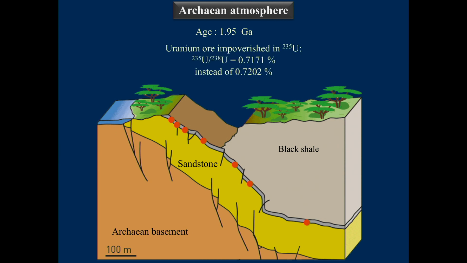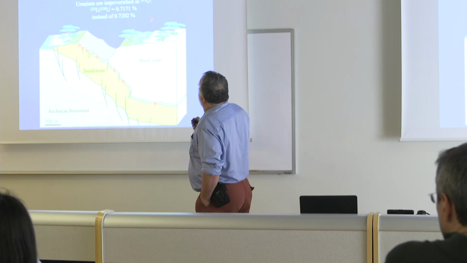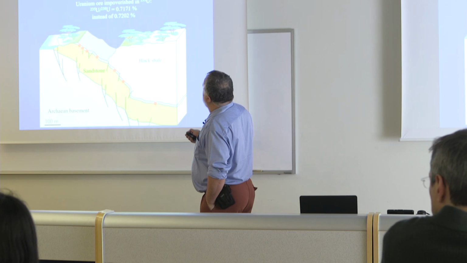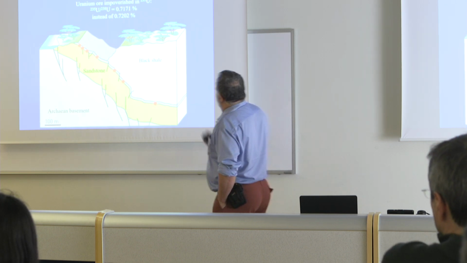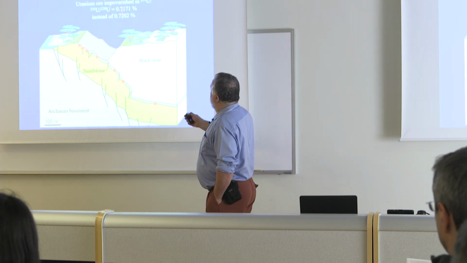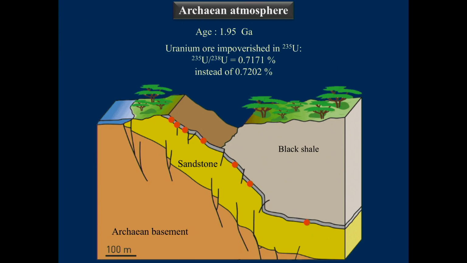The people who discovered this were analyzing isotopes of uranium, and they found that the uranium contained in this layer was impoverished in uranium-235. Even if the difference is not big, it is very significant.